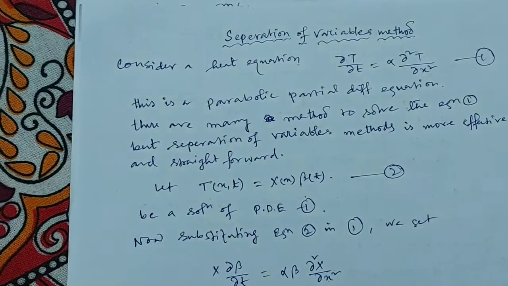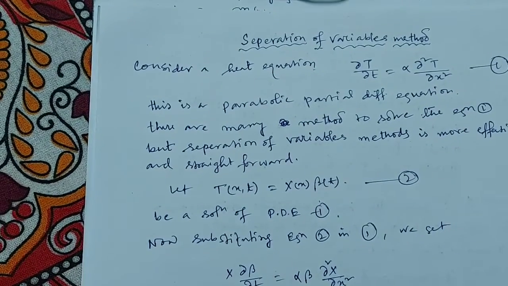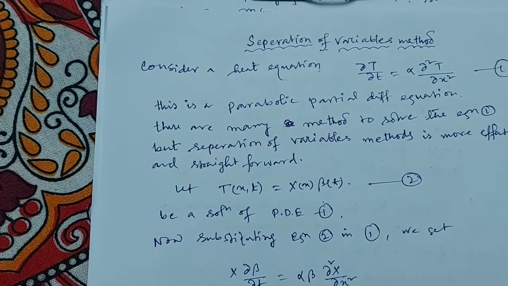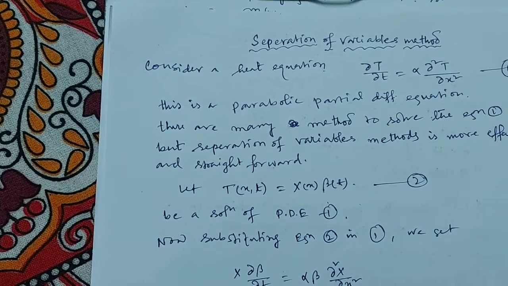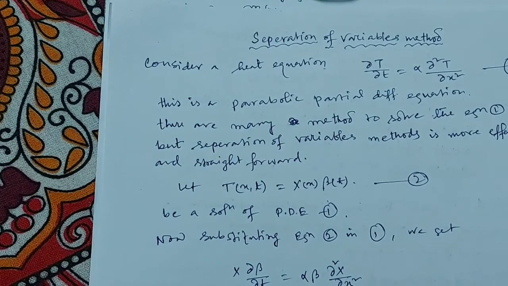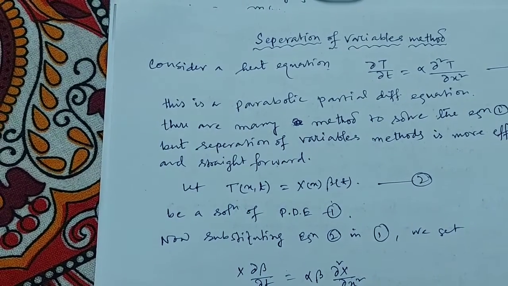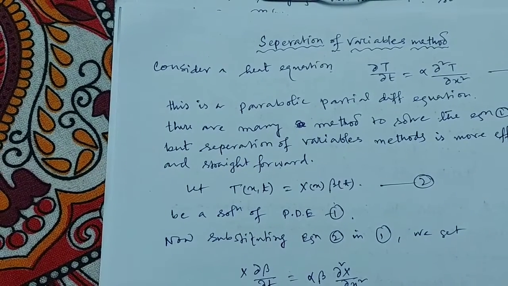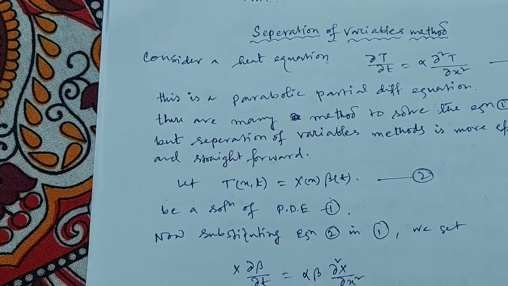So let T(x,t) be equal to X(x) times beta(t), where T is a function of x and t, capital X is a function of small x, and beta is a function of t.